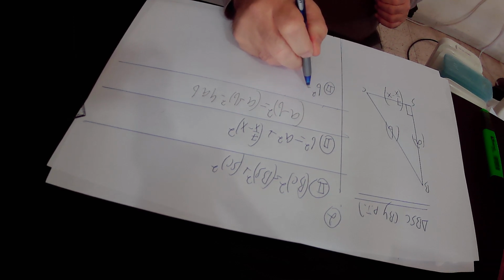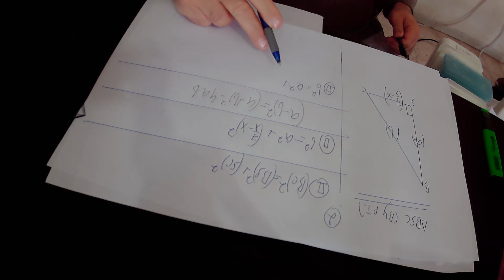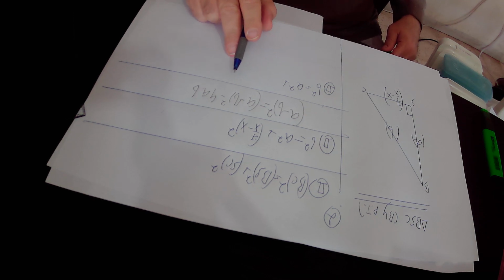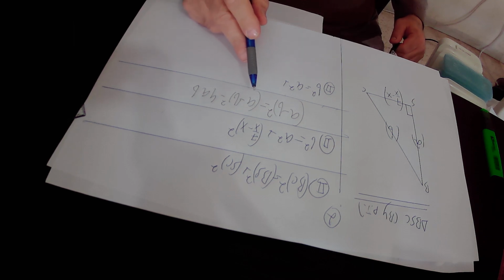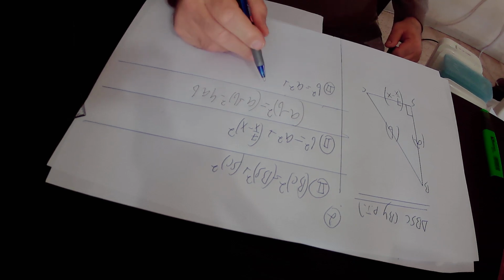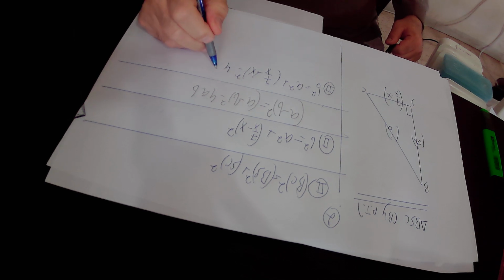According to this identity, if we substitute 7 over X by a and X by b, we get that 7 over X minus X squared will be equal to 7 over X plus X squared minus 4 times 7 over X times X.